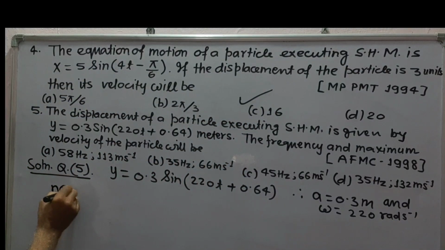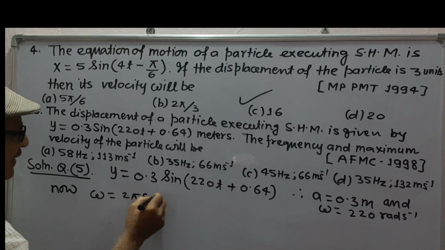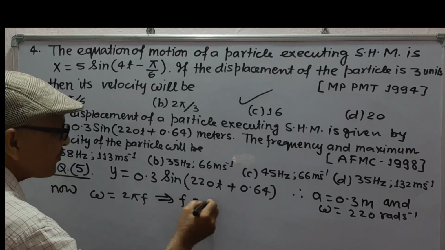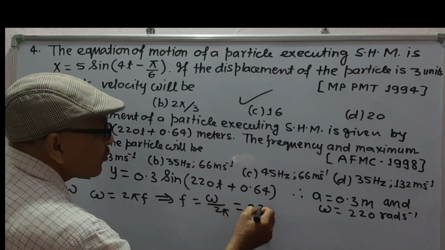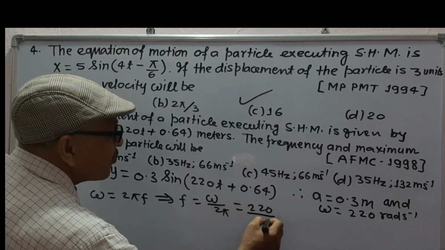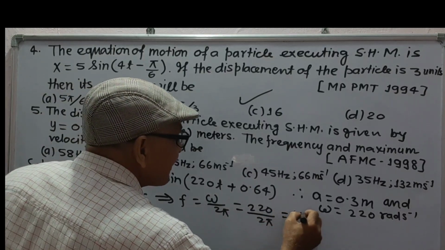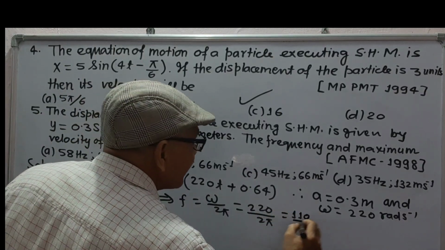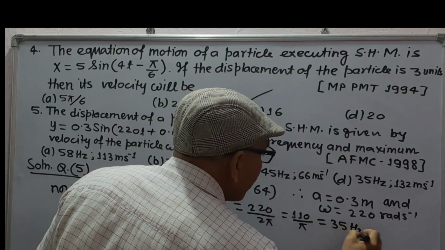Now omega is equal to 2 pi f gives f as omega upon 2 pi. This is 220 upon 2 pi, which means 110 upon pi, which is 35 hertz.